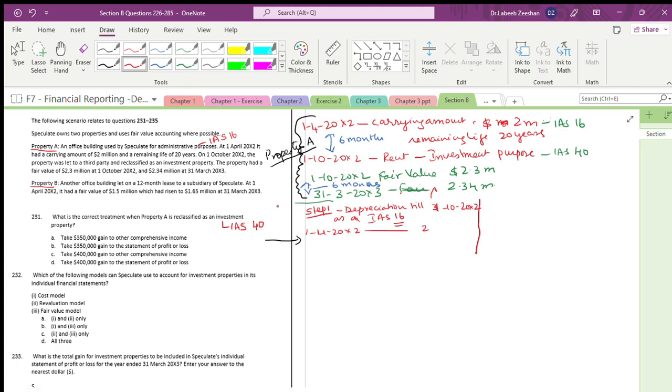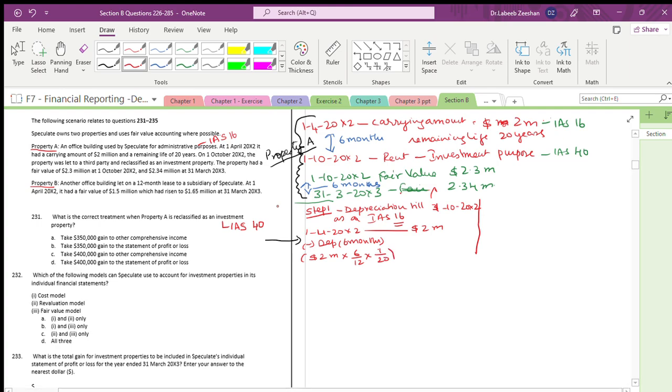Cost is 2 million. Less depreciation for 6 months. What happens? 2 million times 6 by 12 times 1 by 20.